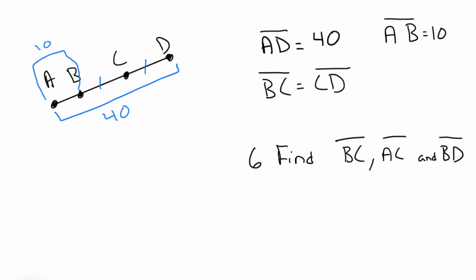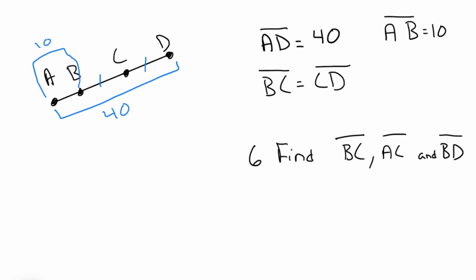So here, I'm again just going to write whatever the equation would be for that segment addition postulate. So here we're going to have AB plus BC plus CD is going to be equal to 40, because we know that 40 is the length of the whole line.